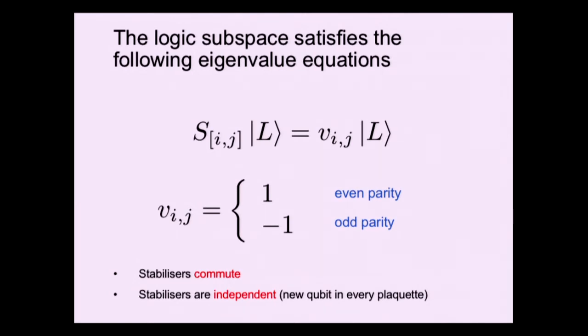Obviously, if it's -1, this is no longer a stabilizer equation, but the way we are writing the equation is just to make things more clear. I would plug the -1 inside the Sij, and we will still get a valid stabilizer equation. So what we have is that the different stabilizers commute, and also that all the stabilizers are independent. This is because in each plaquette we have a new qubit.